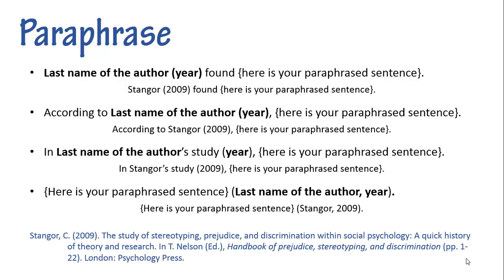You do the same thing for the third variation on the list, in Stanger's study, and then the year of publication would be included in parentheses. Do know, however, it is completely appropriate to simply write information found from your sources as a declarative statement. When you do that, you still want a citation, but that citation would come at the end of the sentence.